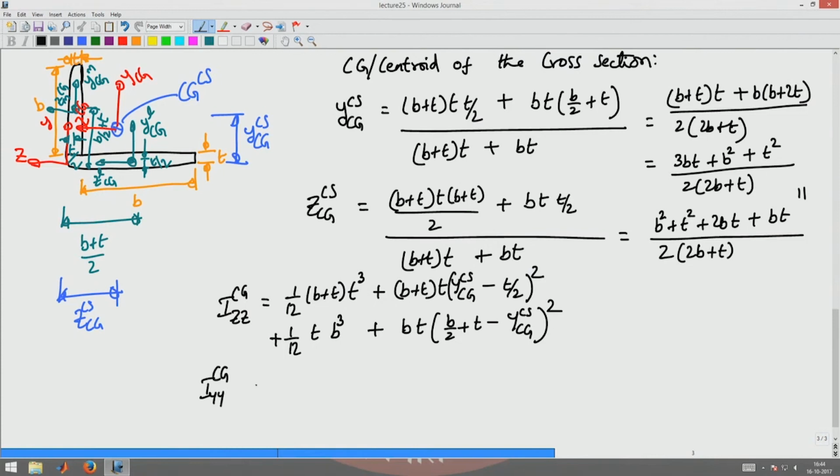Similarly, I y is, for the horizontal leg, it will be 1 by 12 T into (B plus T) the whole cube plus (B plus T) into T into the horizontal shift, into, I have to multiply by this distance squared, okay.